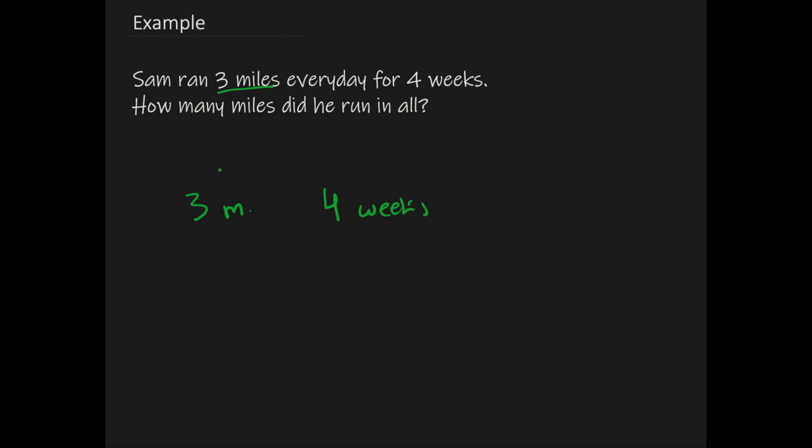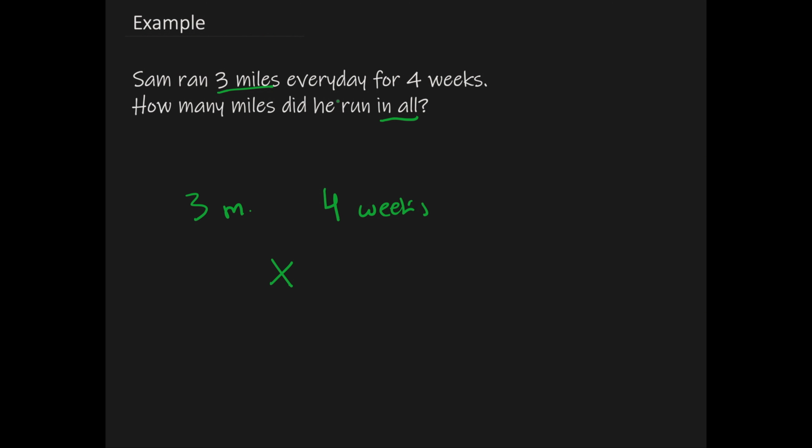Because it said in all, we know that it is either addition or multiplication. And since it's 3 miles every day for 4 weeks, that 4 weeks shows us that it's multiplication. So these are clues. We know we're doing 3 miles, 4 weeks, and multiplication.